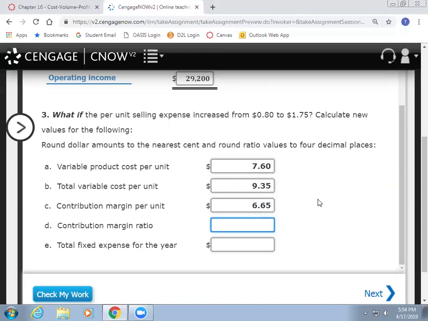To 4 decimals, 0.4156. Very good. To get that, we took $6.65 divided by 16, putting it into a percentage. And then total fixed expense for the year, does that change? Nope, it's still the 62,000.